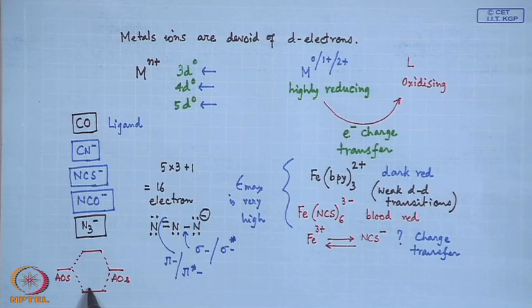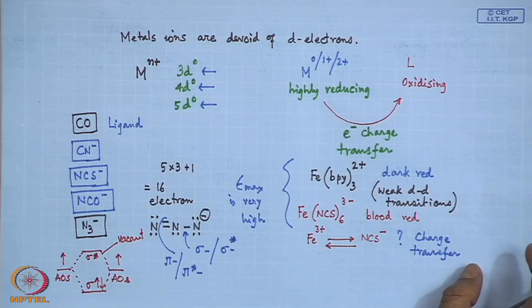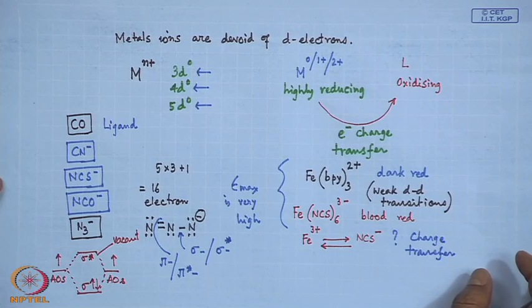If this is sigma, the other would be sigma star, and for the two electrons present in these two atomic orbitals, we will have the paired electrons in the sigma level, and the sigma star is vacant. In most of these cases, the antibonding levels are vacant, and we get the transition, that means the antibonding level can be considered as the corresponding acceptor level.